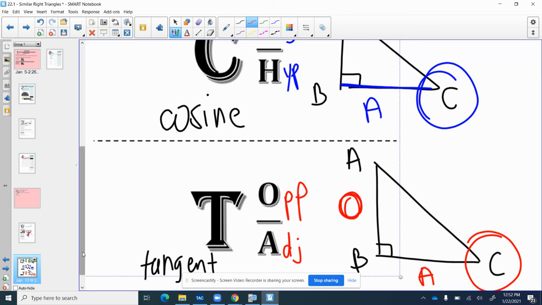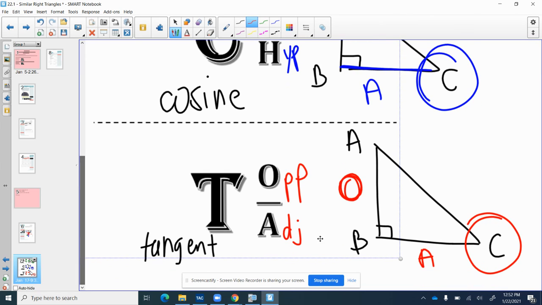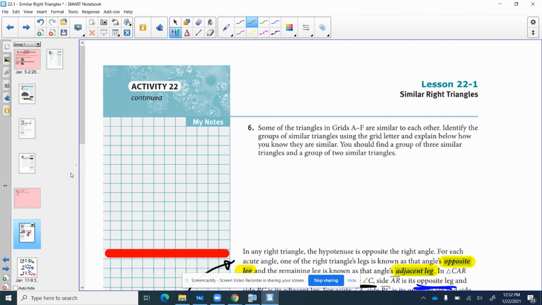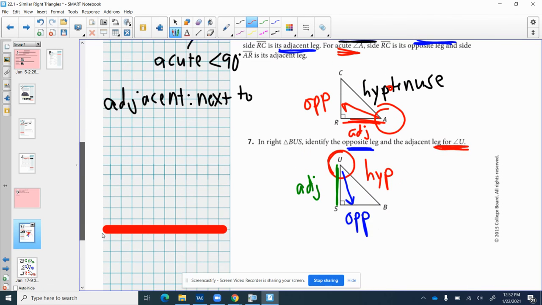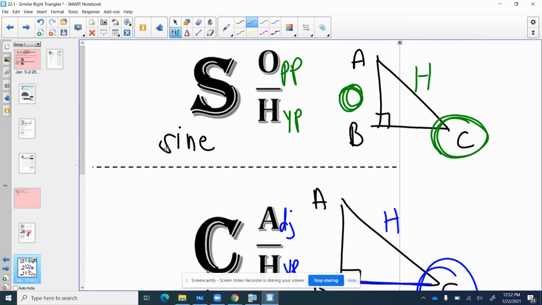So we will be working more with these moving forward, but the important piece of today is being able to identify those pieces based on an acute angle, which is the hypotenuse side in our right triangle, what is opposite of the angle in question, and what is adjacent to the angle in question, being able to identify those legs. Okay? We will work more with this and sine, cosine, and tangent in the upcoming lesson. Thanks, everyone.